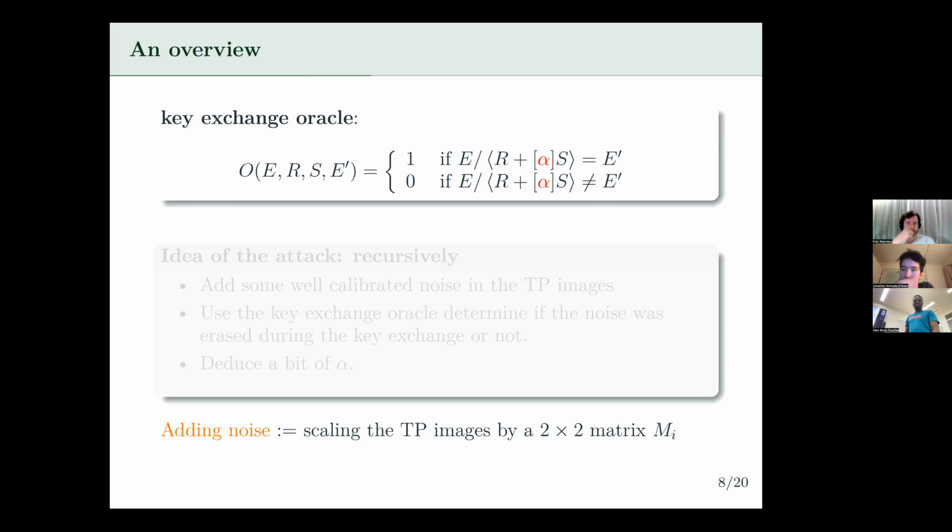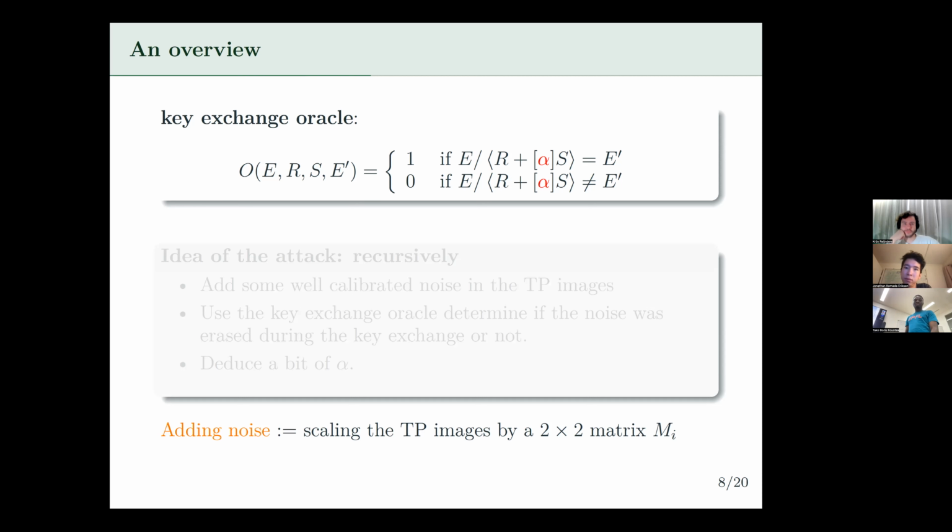So if you are Bob, that is the second party in the key exchange, and the honest party is Alice, and this Alice is using a static secret key, and Bob computes some public key that here is represented by E, R, S. Note that E is his curve, R and S are the images of the torsion points.